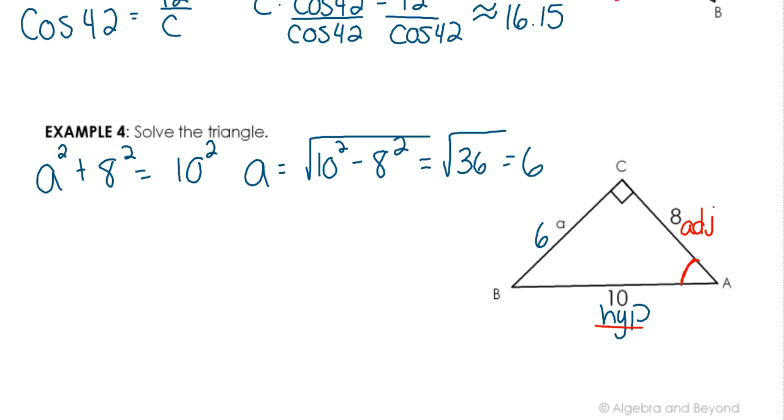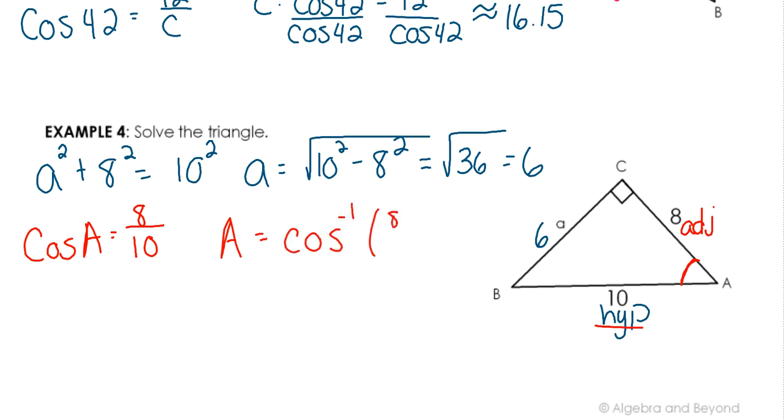So we're going to use that inverse trig function. So I'm going to set it up like normal. I'm going to say that the cosine of angle A is adjacent over hypotenuse. And then again, we're going to use that inverse trig function to solve for the angle. So I'm going to say A is the inverse cosine of 8 over 10.